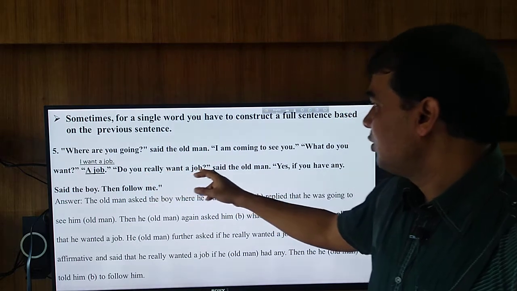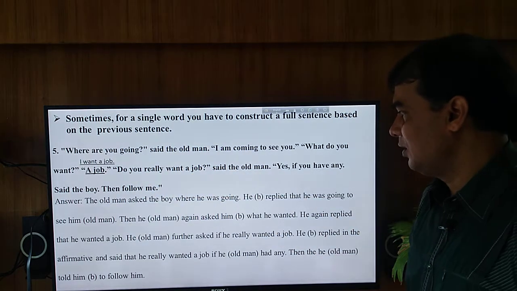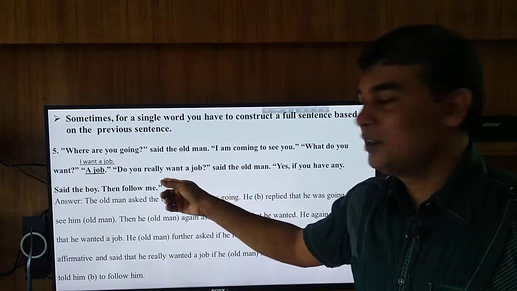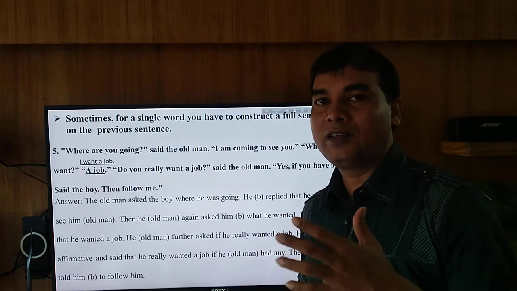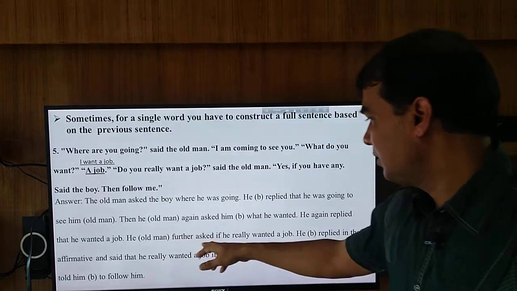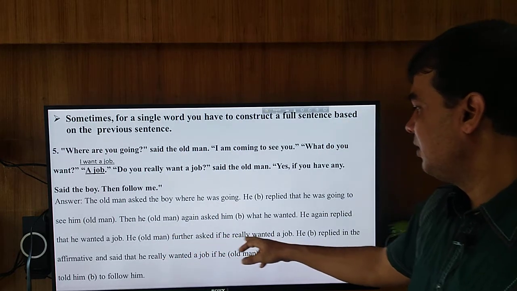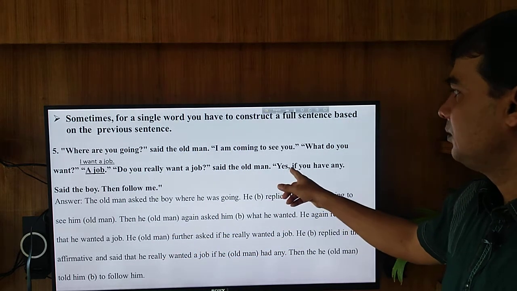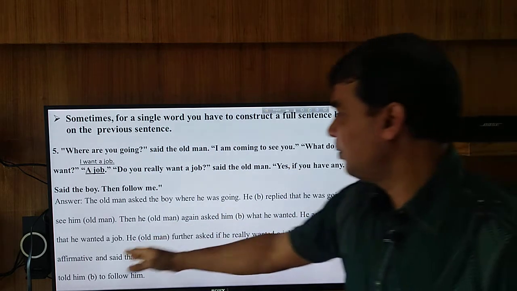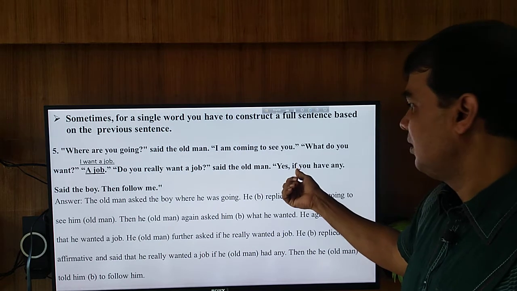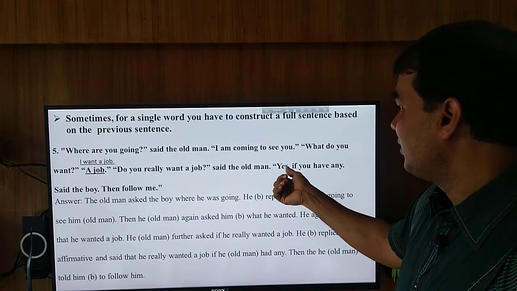Do you really want a job? The old man is again asking question. So we can say this is the third time. So in case of third time, we can write further. The old man further asked if he really wanted a job. Then the boy said yes. The boy replied in the affirmative and said that yes, I want a job.